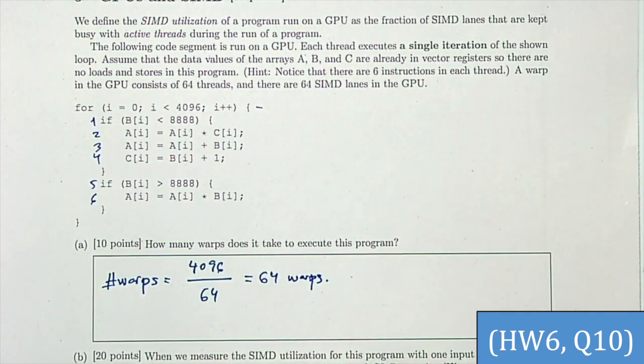Because in this particular architecture, the warp has 64 threads. In another problem, you can find 32, but in the end, there won't be any difference. Okay, so these are 10 points for free, as you can see.